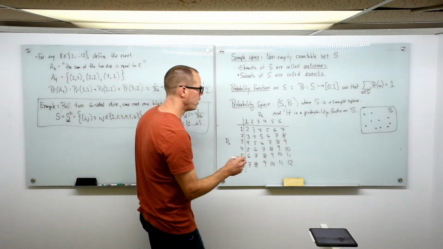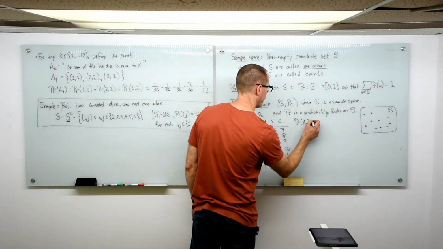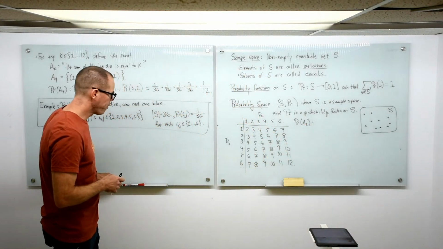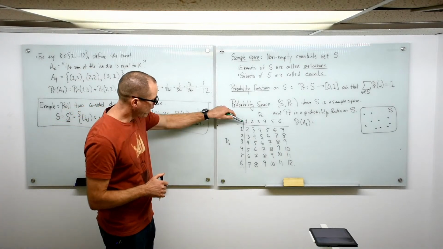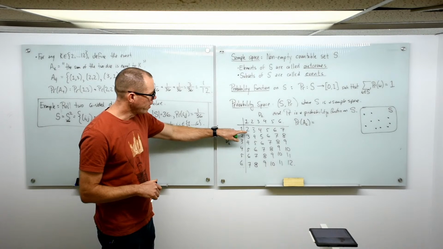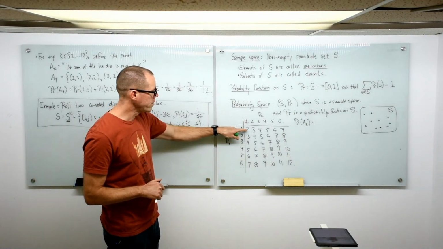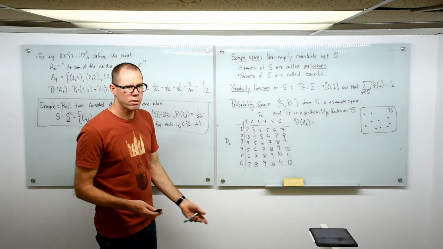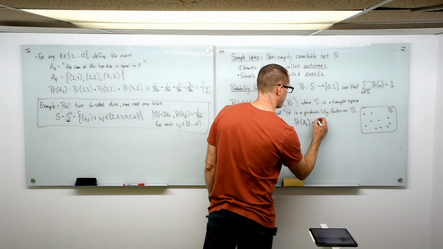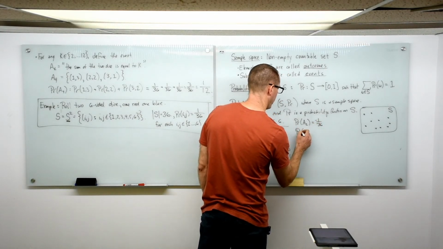So what's the probability that I roll a 2? Out of the 36 possible outcomes, there's only one that gives me a 2, and that's snake eyes. If I roll two ones, I'll get 2. Otherwise, I'll get something other than 2. So that's 1 out of 36. What's the probability that I roll a 3?